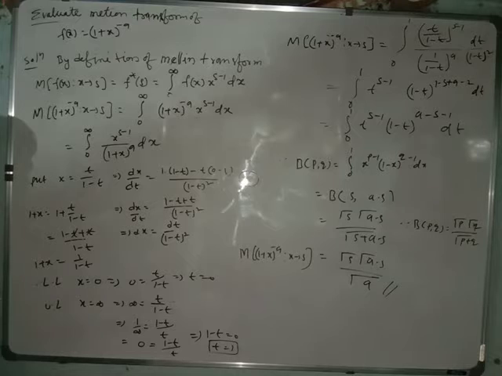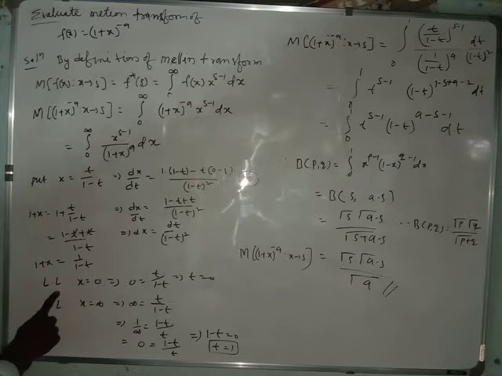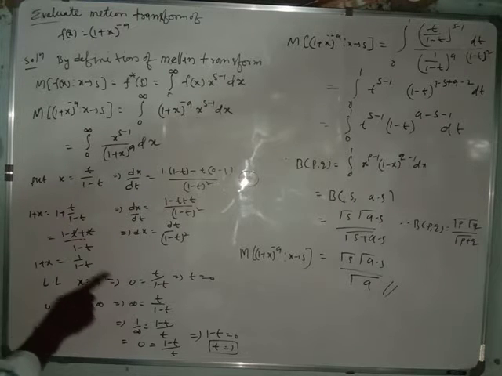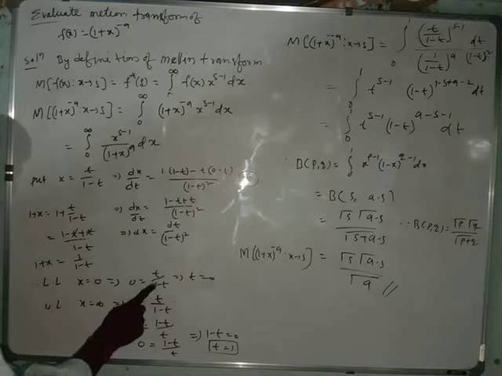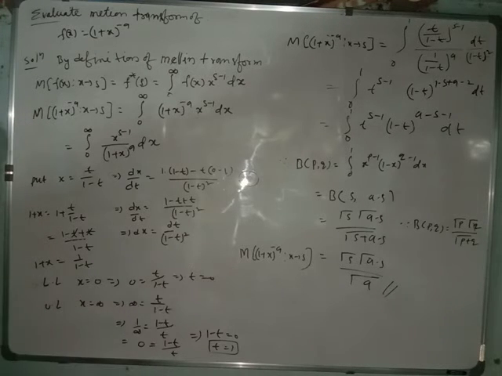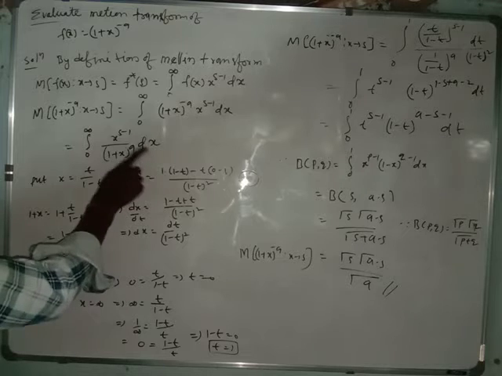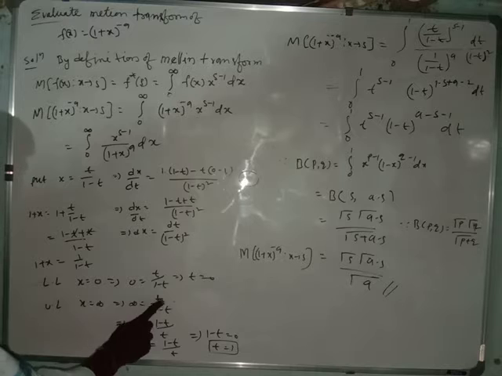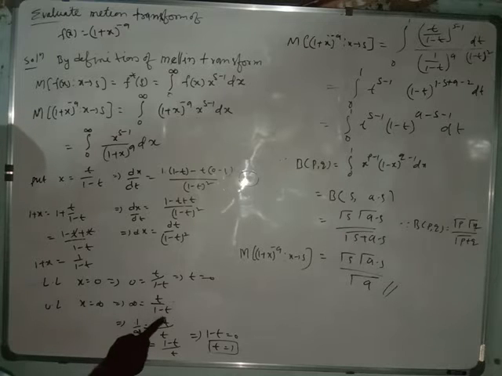Now verify the limits. The lower limit of x is 0, x equal to 0. Substituting in this equation, we get 0 equal to t by 1 minus t, which implies t equal to 0. Now the upper limit is infinity, x equal to infinity, which implies infinity equal to t by 1 minus t. Here, infinity divided by something, we can't define.